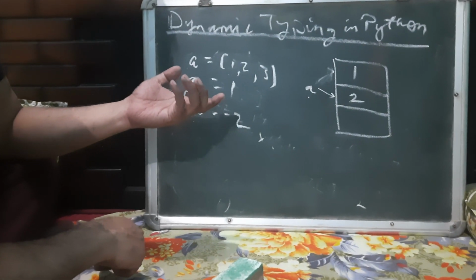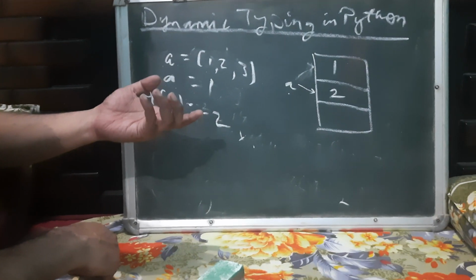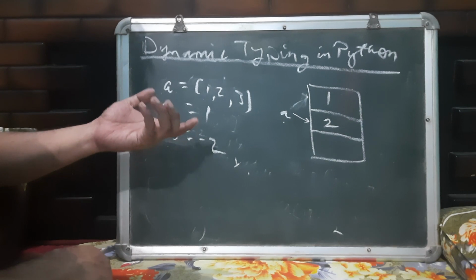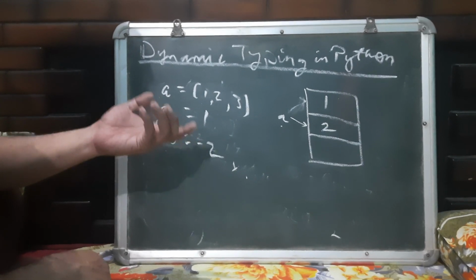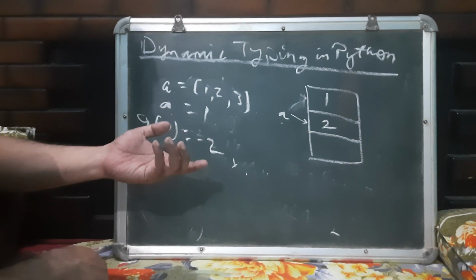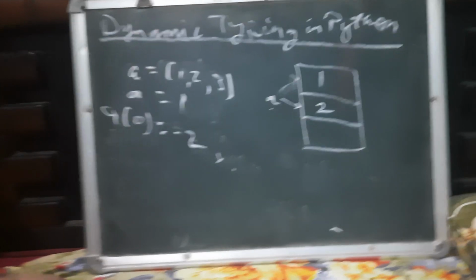This is done in order to return the memory to the garbage collector in case an object is not being used anymore. So if an object is not being used anymore, it may release its memory at any time to the garbage collector, so that it can be used by other objects. Okay.